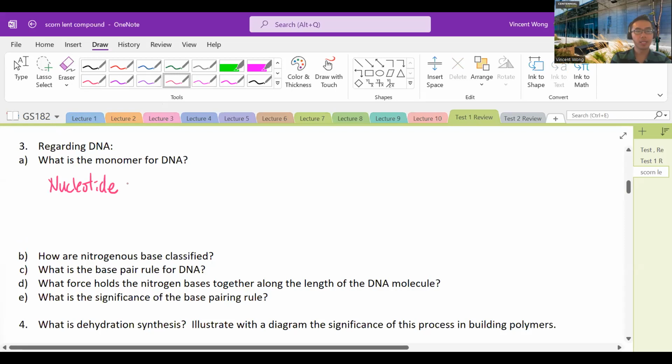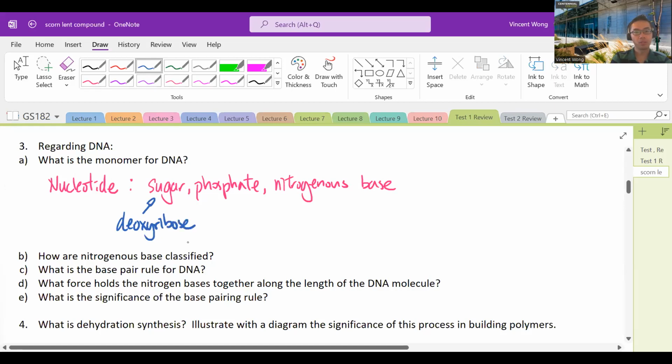Okay, so nucleotide. What is a nucleotide? A nucleotide has three parts, right? A nucleotide is made up of the sugar, the phosphate, as well as the nitrogenous base. So these three things form a nucleotide. In the case of DNA, the sugar is a deoxyribose sugar.